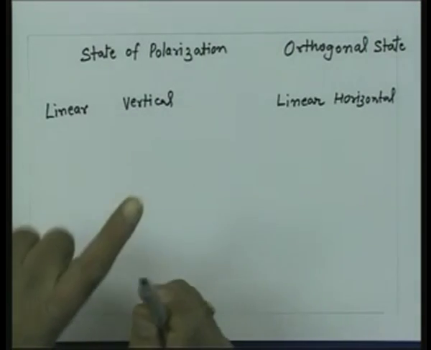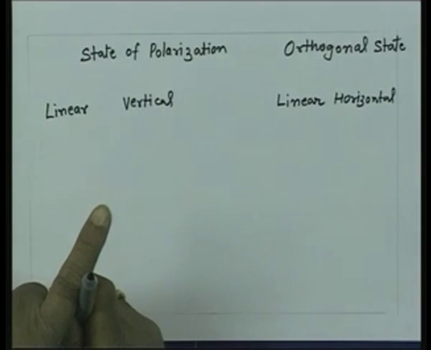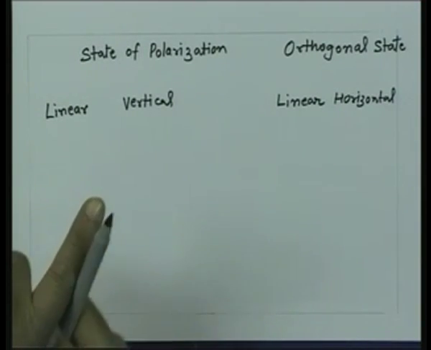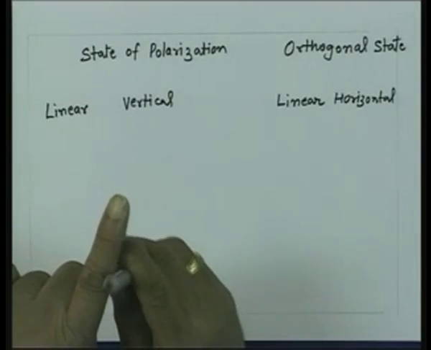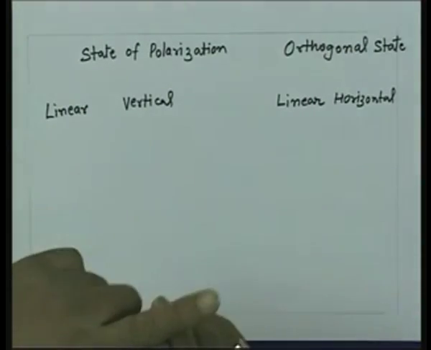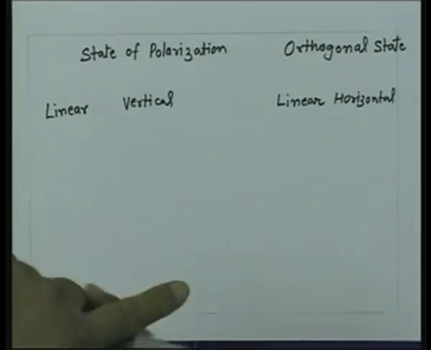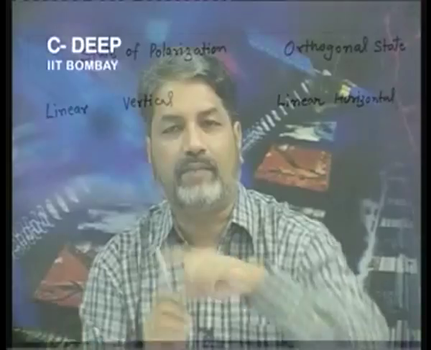So, two lines which are at 90 degrees with respect to each other can represent orthogonal states of polarization. Though we are taking specifically vertical, there is nothing special about vertical and horizontal. If I take two lines which are perpendicular to each other at any angle, these two states will represent the orthogonal states of polarization.